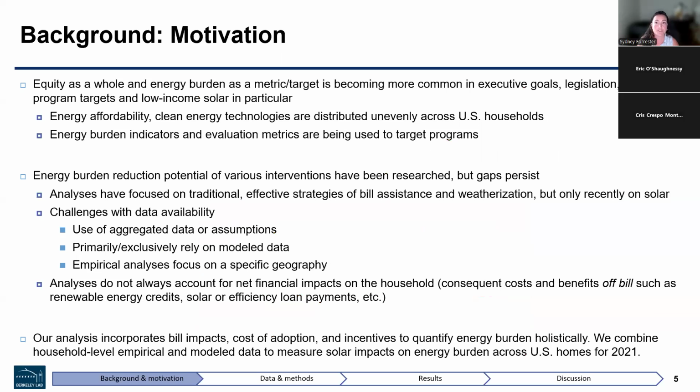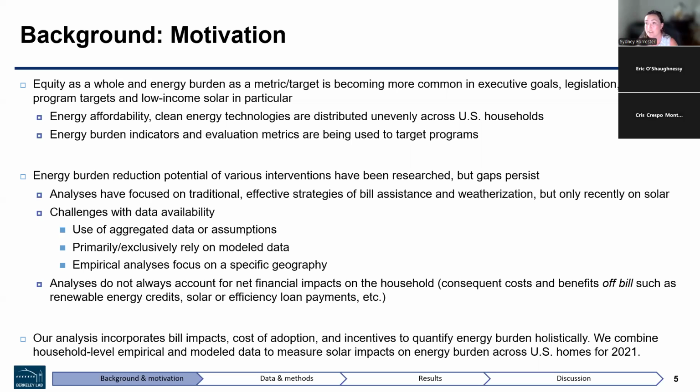So first off, some motivation for the research question and why we focused on energy burden as a metric in general. Recently, equity as a whole, and energy burden as a metric more specifically, is becoming more common in programmatic goals, targets and evaluations, as well as in legislation, executive goals, et cetera.